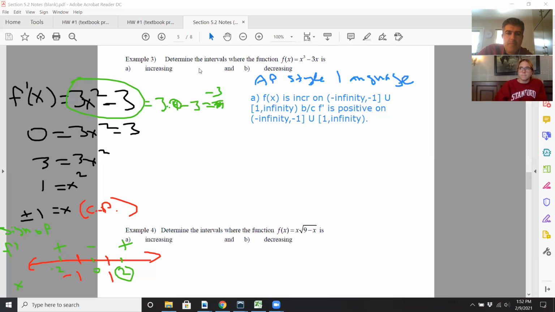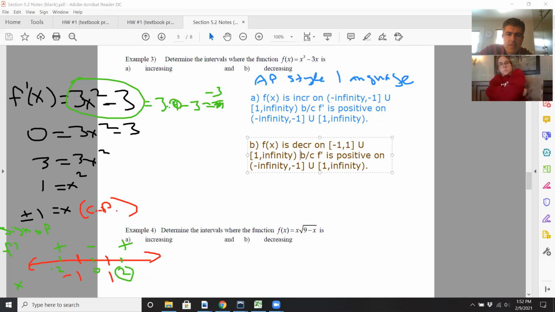And for part B, I'm just going to do a little copy and paste, and change colors. So you can see now it's decreasing from negative 1 to 1 because it's negative.